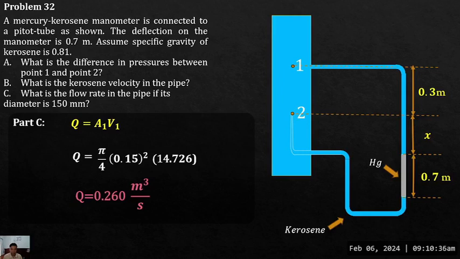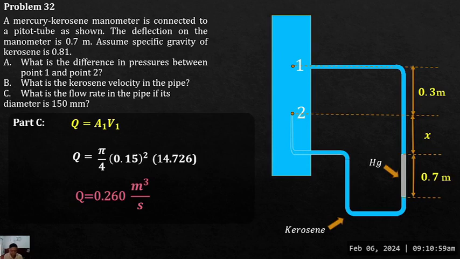Sir, bakit po 0 yung sa elevation 2 po? Okay, so bakit 0? Kasi sa Bernoulli energy equation, kapag consider tayo ng elevation, yung elevation ng point 1 tsaka ng point 2 is always relative to the other.